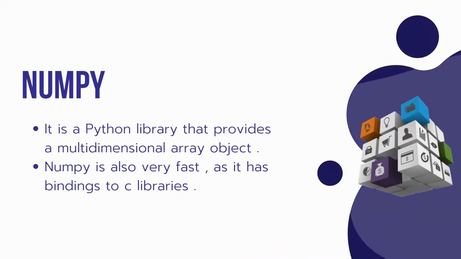In NumPy, dimensions are called axes, and a NumPy array is also called an ndarray. It is faster than a Python list because it has binding to the C library, pre-compiled C language code. That's why it is faster than a Python list.